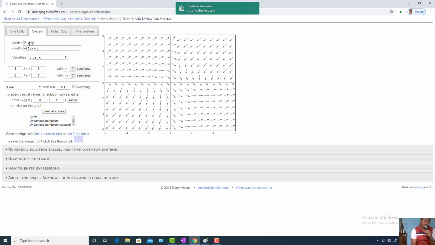If you put just xy, it doesn't work, so you have to put a star. The first equation is dx by dt equal to minus x*y, and the second differential equation is dy by dt equal to y*(1 minus x minus 3). For this system you can find the fixed point, and this is the direction field.